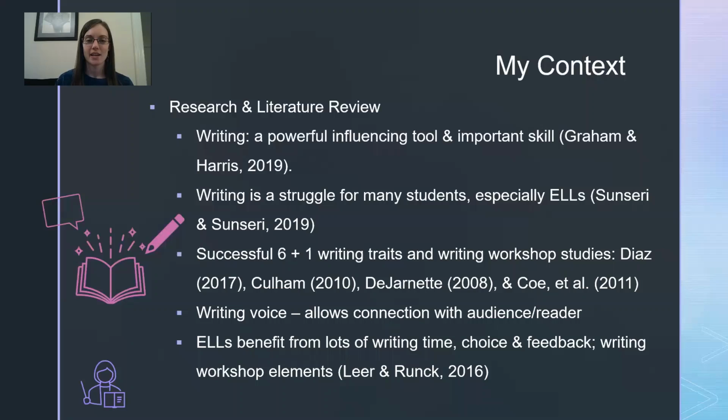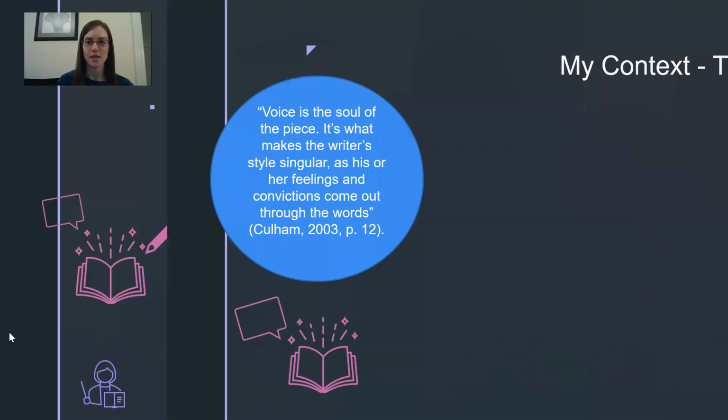And also that ELs benefit from lots of writing time, choice, and feedback, which are some of those important writing workshop elements. And this visual over here, I was kind of going for writing and voice with the speech bubble, so that's kind of the story there.